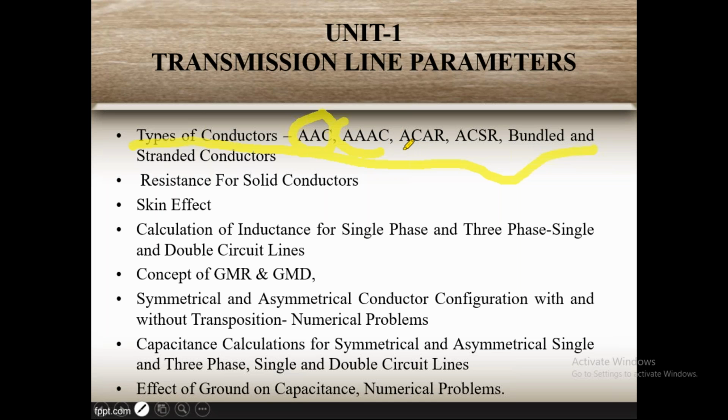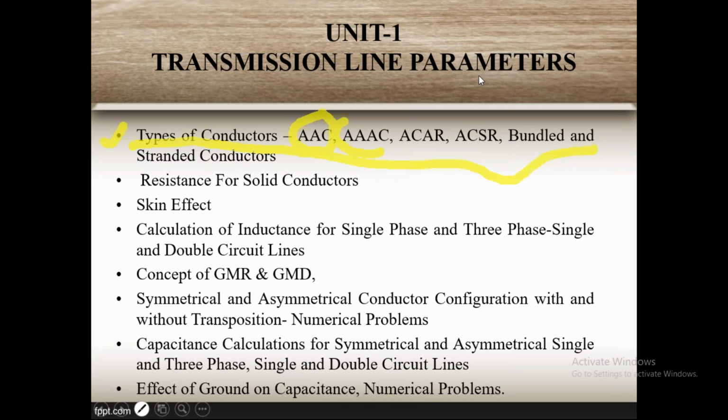Next, the third one is aluminum conductor alloy reinforced, aluminum conductor steel reinforced, bundled and standard conductors. This is one of the important questions you will get in the semester exam. They will ask you to explain the different types of conductors used in the transmission line system, so we have to explain all.